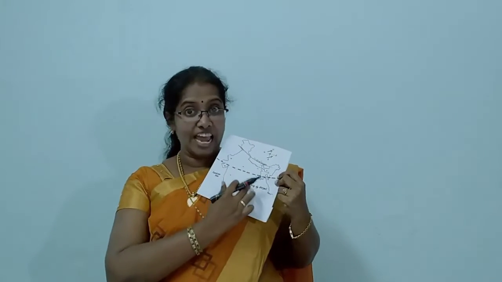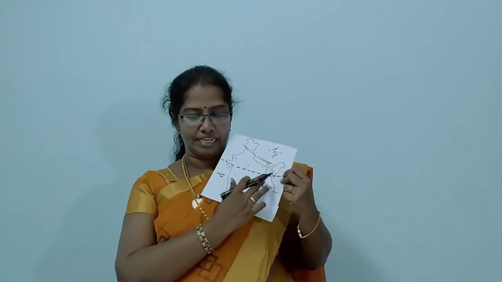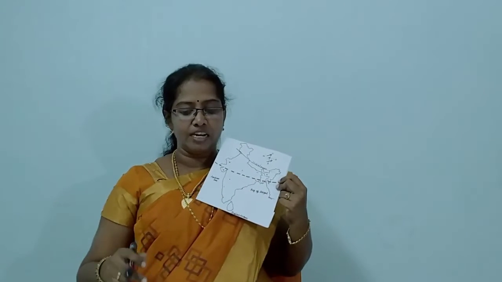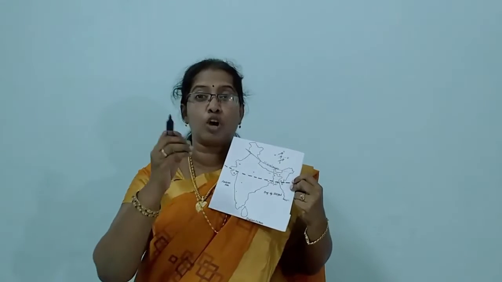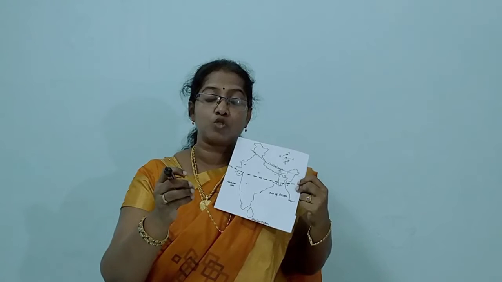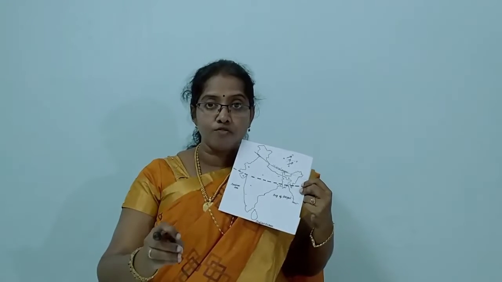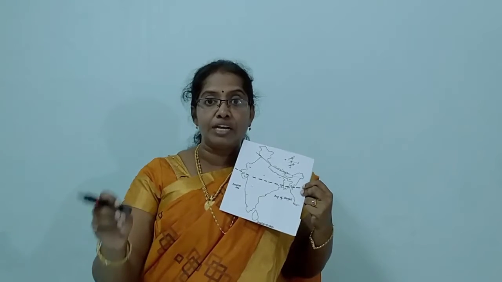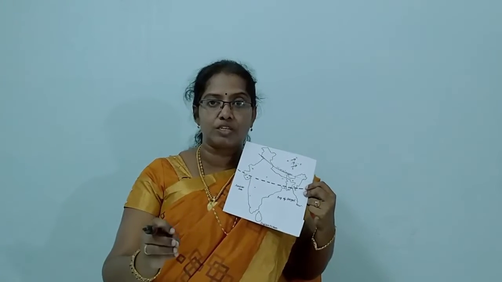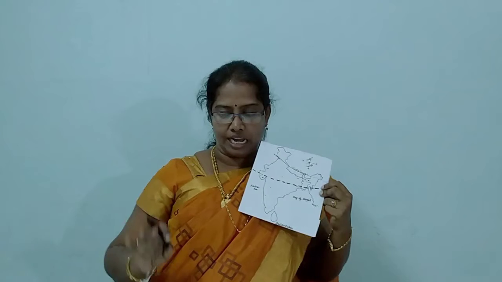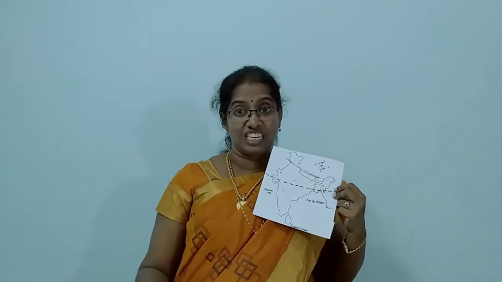These are the states that get the benefit because of the nor'westers. Local storms of the northeastern part of India are called nor'westers, otherwise called Kalbaisakhi. This much is given under the summer part.